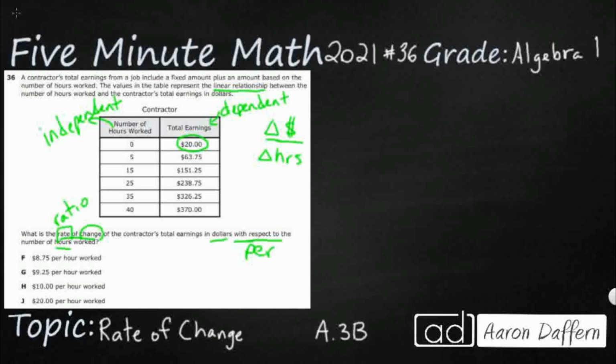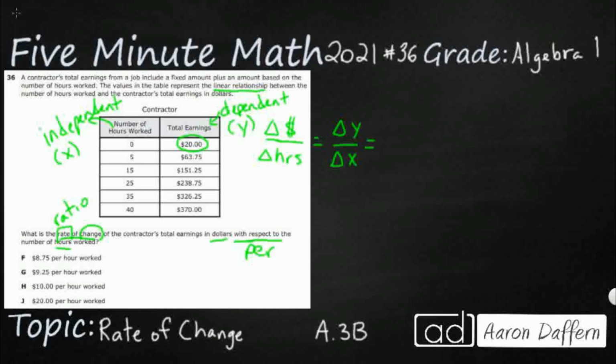More hours, more money. So we know that our independent variable is our domain, and typically we represent that with an X. Our dependent variable is our range, and typically we represent that with a Y. So really what I'm looking for is my total money, which is my Y, so I'm looking for my change in Y, and my hours worked, that's my X, my change in X. Hopefully that looks familiar.